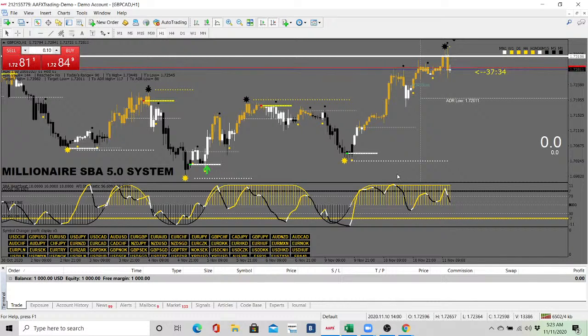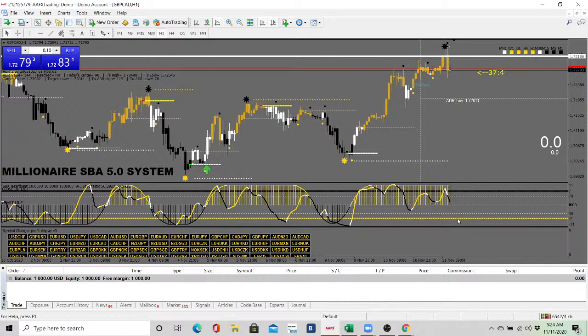So it's basically helping you get entries to be able to ride out from star bar arrow to star bar arrow, so that you're in deep profit if there's a pullback, or by the time you have a reversal, this snake will let you know. Like it starts to turn black here, so if you wanted to take your money off the table with full expectation that it's going to go down, or you just want to wait and watch it go down.